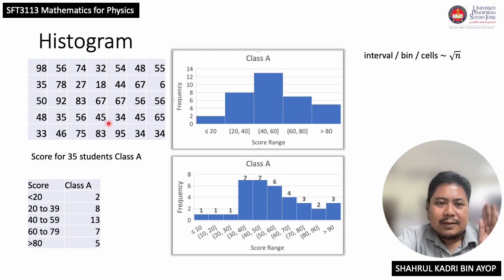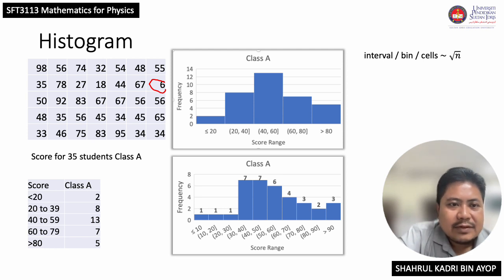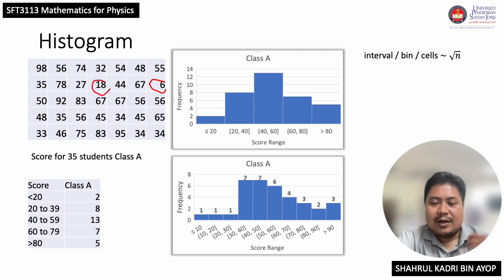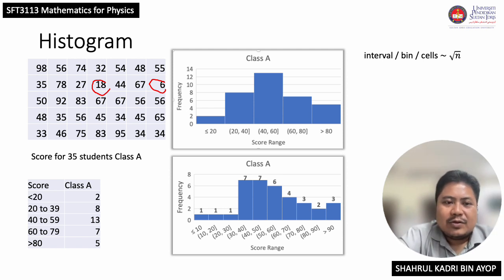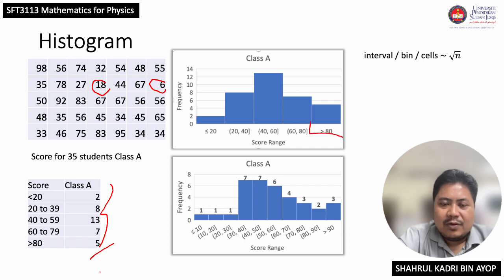When we check with the data that we have, for example, for below 20, we have two frequencies which fall into the interval. So the total should be 35. This interval is also called a bin or cell.